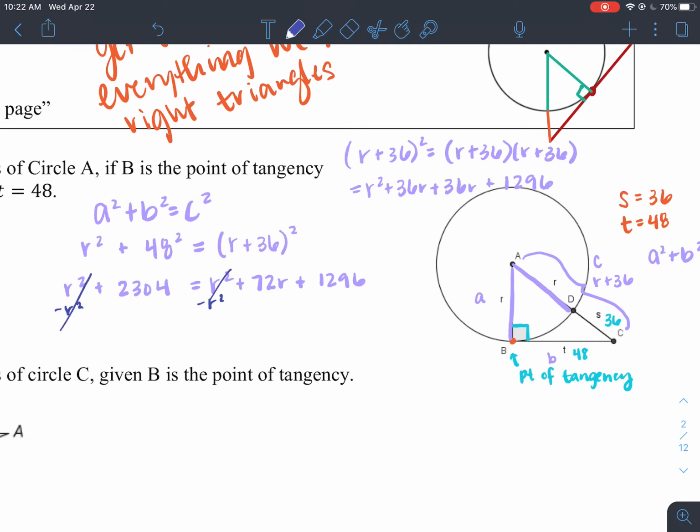They're going to cancel. So we end up not having a quadratic. I get 2,304 equals 72R plus 1,296, or 72R equals 1,296 subtracted from 2,304, which is 1,008. So divide both sides by 72. R equals 14. And there's the length of my radius.